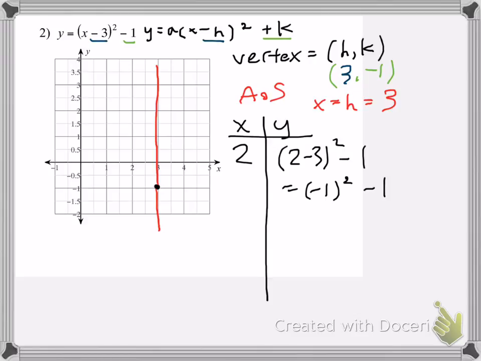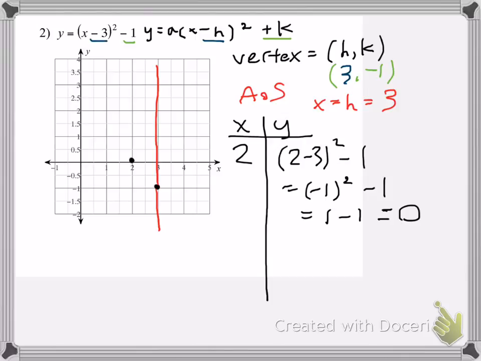And remember, when you square a negative number, it always becomes positive because a negative times another negative is positive. So this is going to be 1 minus 1 equals 0. So let's put that point on the graph. When x is 2, y is 0.